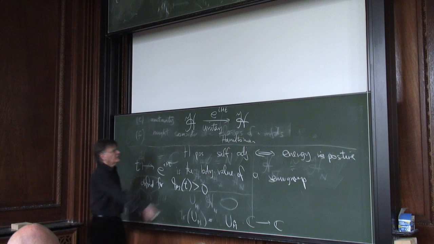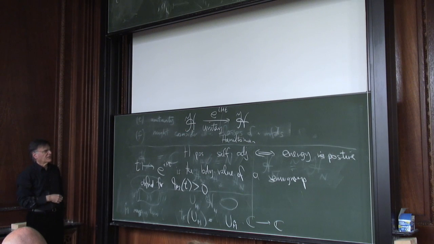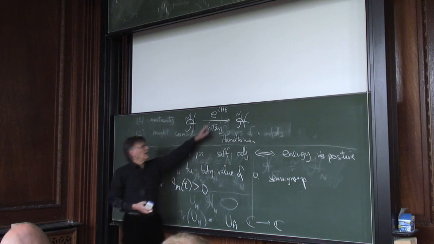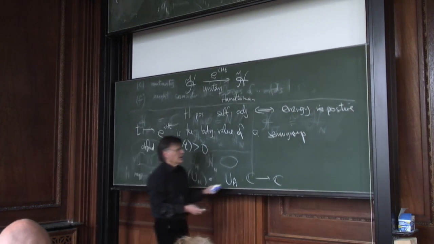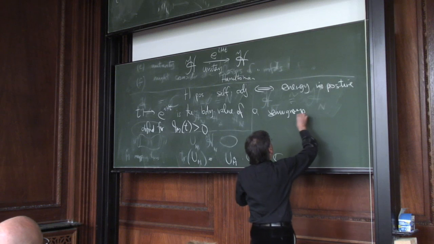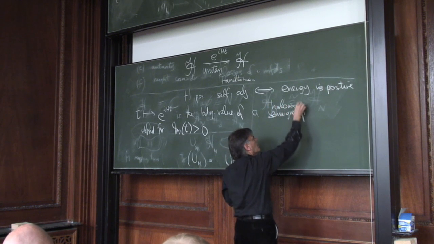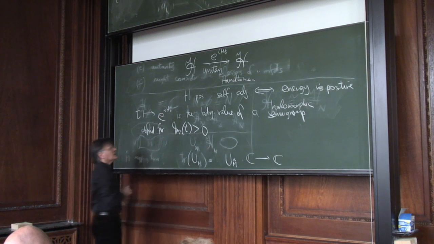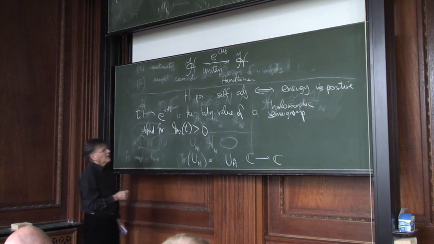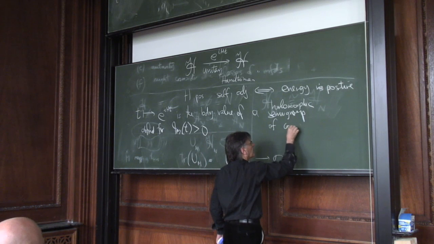You see, because if we give t a positive imaginary part, this will be e to minus something positive, and that will then be a contraction operator. So it's a semigroup depending holomorphically. So I'll just write a holomorphic semigroup. In other words, this should be a holomorphic function of t, and it should be of contraction operators.